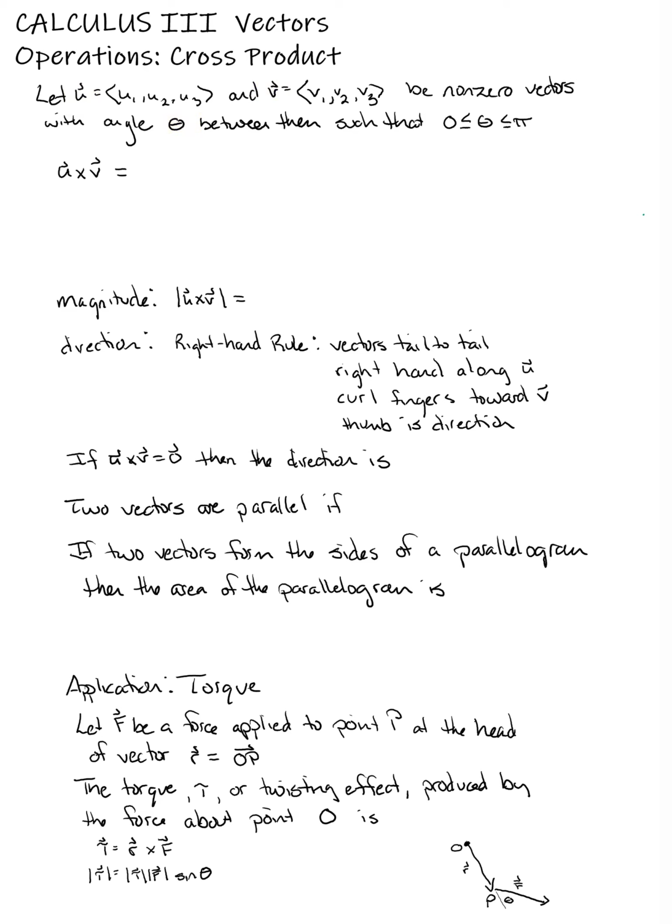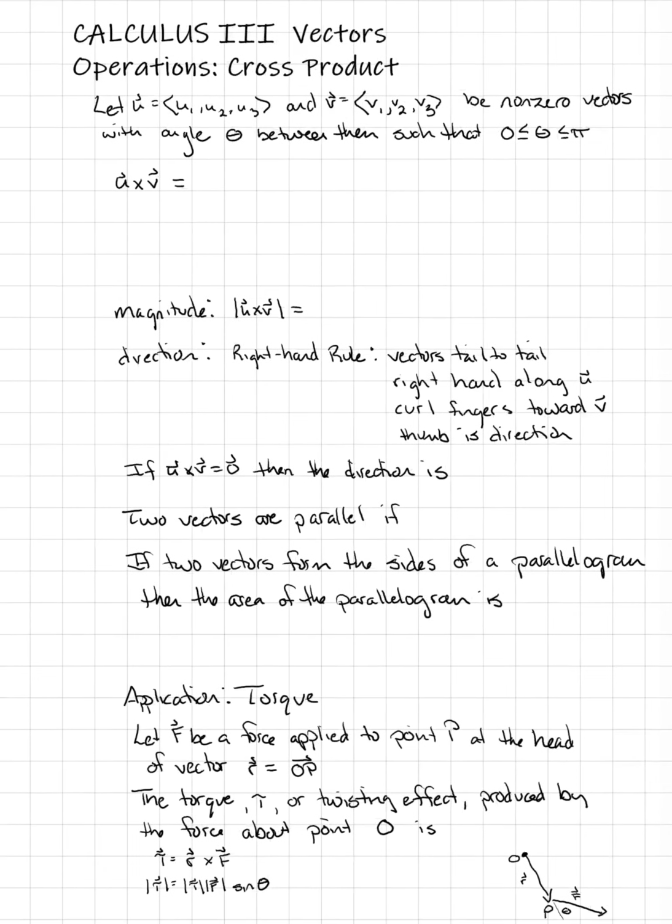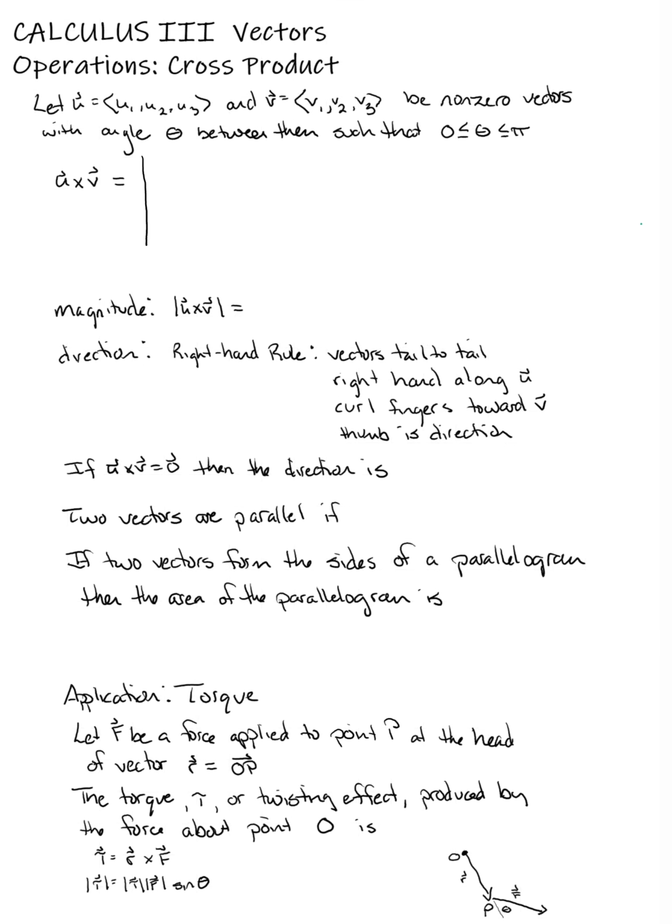So the cross product of u with v, so u cross v, is the determinant of the matrix that's created with the coordinate unit vectors i, j, and k as the first row, the components of u for the second row, and the components of v for the third row.